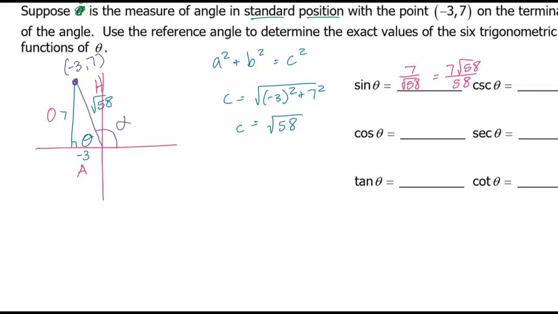What about cosine? Negative 3 over square root of 58. Yes, which we multiply by the square root of 58 over the square root of 58.